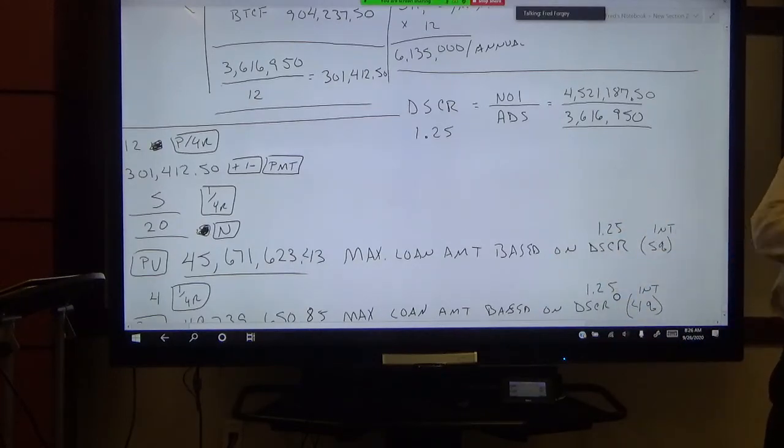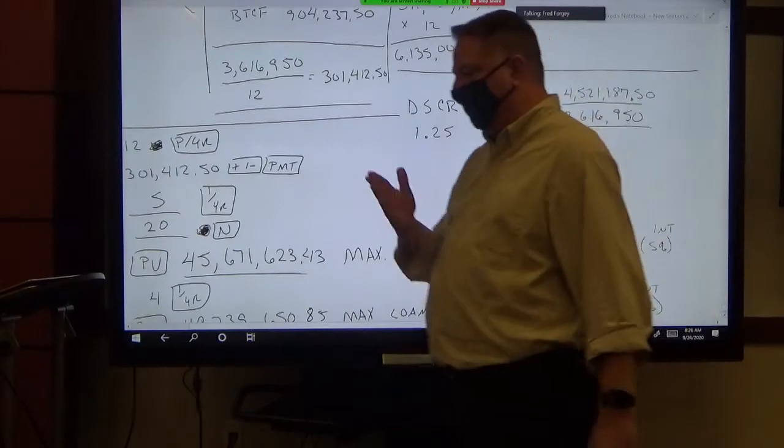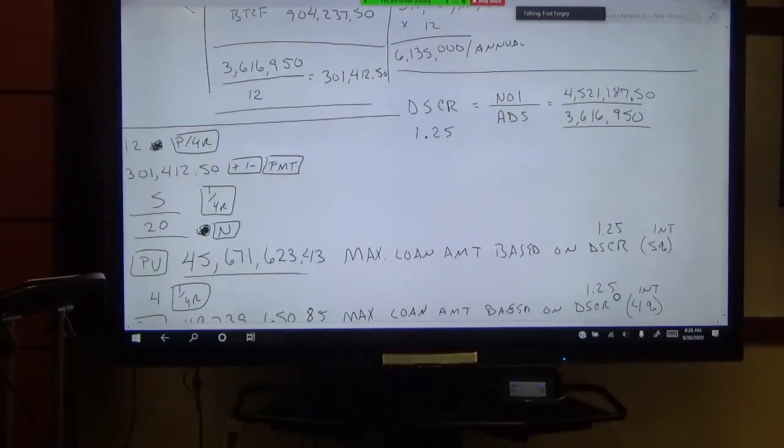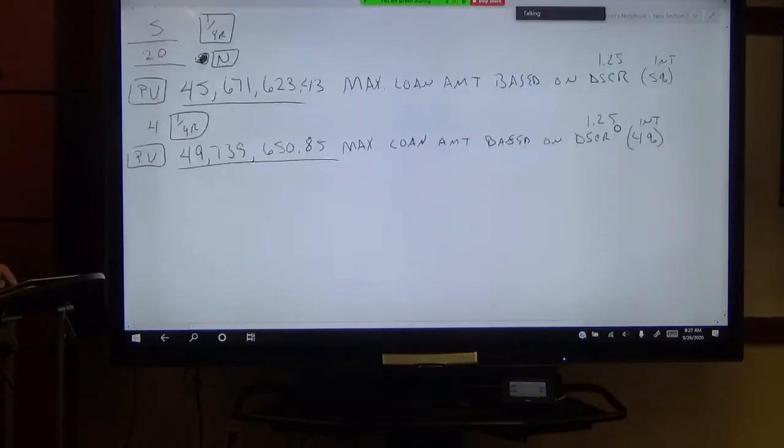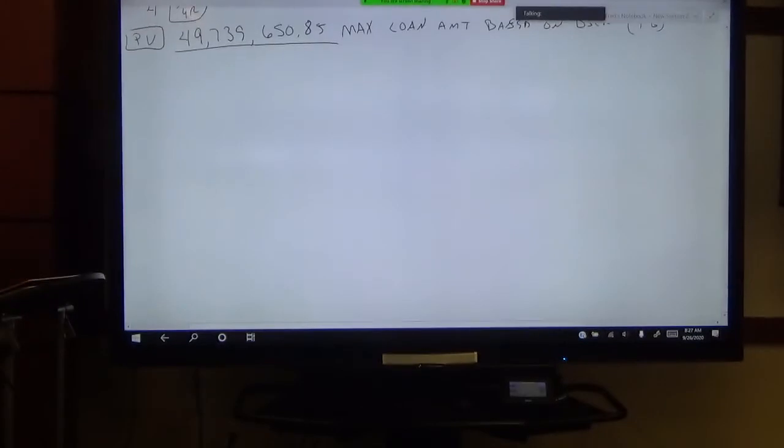And so by having that greater cushion in there, hopefully it protects the lender. Okay. Other questions? All right. Moving on.